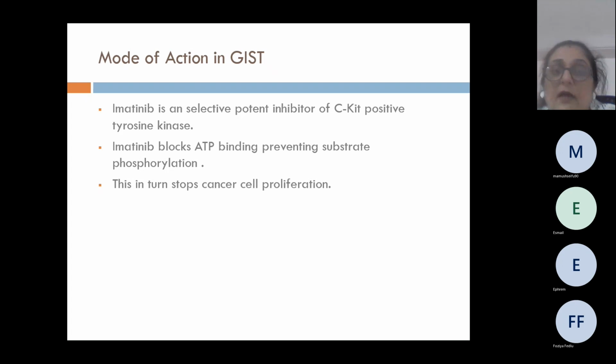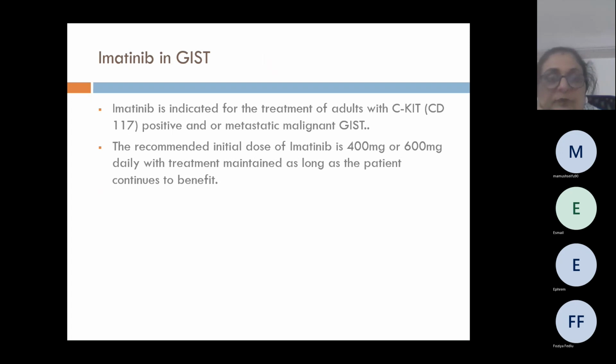Then what happens? Imatinib blocks the ATP binding, preventing the substrate from phosphorylation. Obviously, it will prevent the phosphorylation like how it did in CML. This in turn will stop cancer cell proliferation, and this is how the control is kept and maintained, and because of which the abnormal cells will die. So this is a simple mode of action of imatinib.